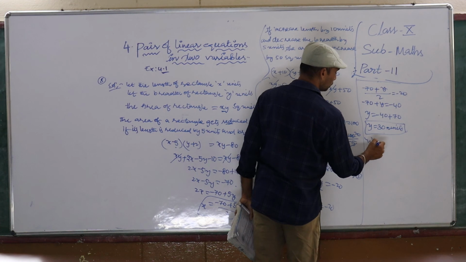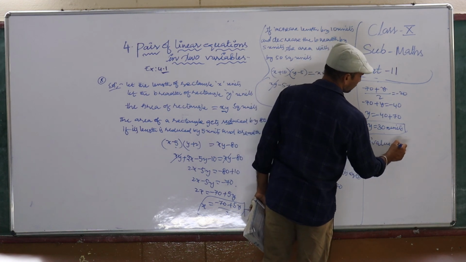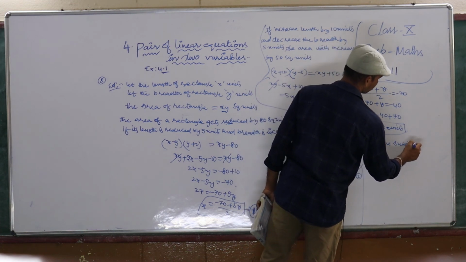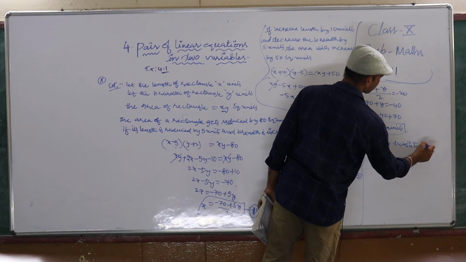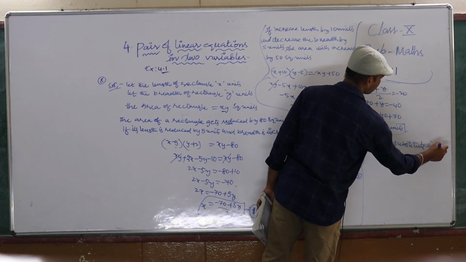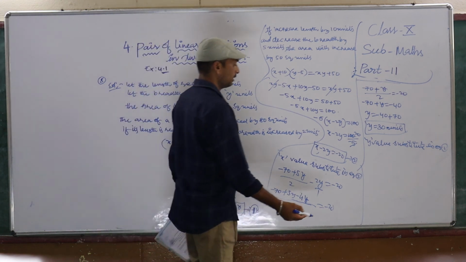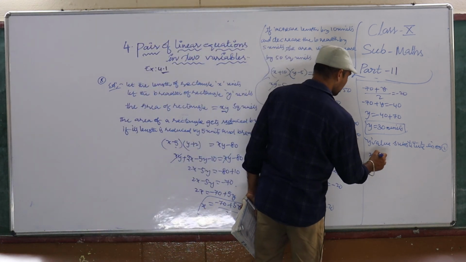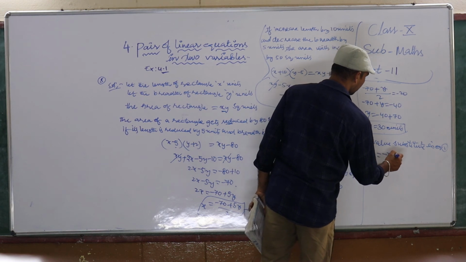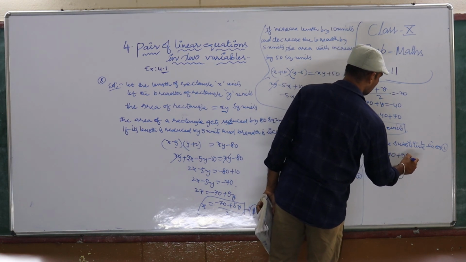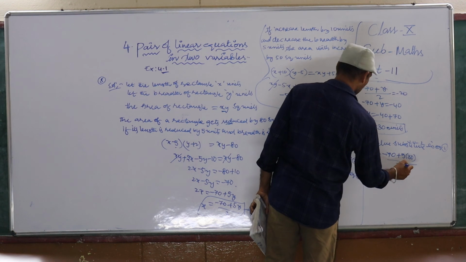Then y value, substitute in equation number 1. What is the first equation? So here x is equal to minus 70 plus 5 into 30 by 2.